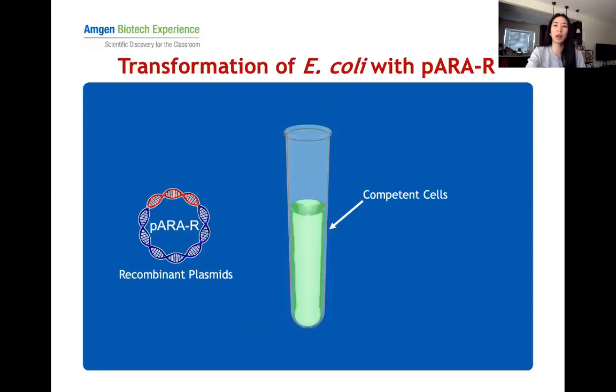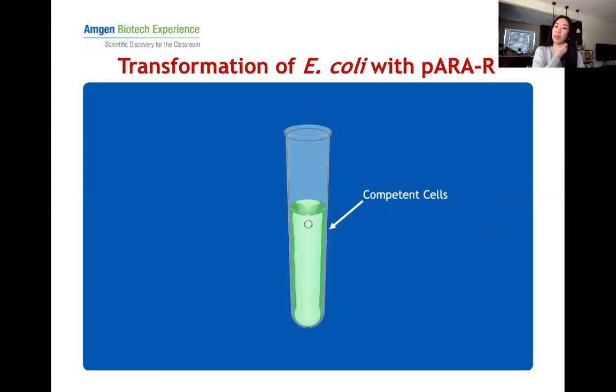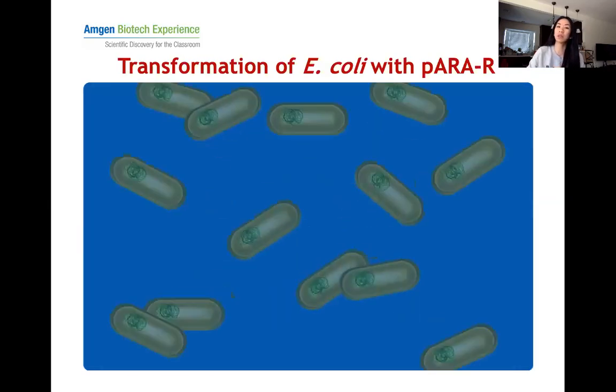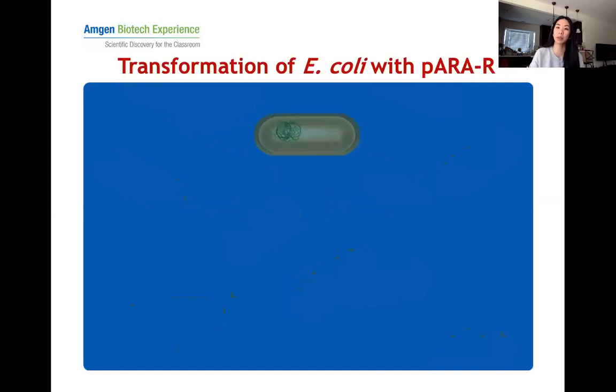Okay, so we have this recombinant plasmid, and then we have a culture of competent cells. Remember, I mentioned earlier, competent means these cells have been treated so that it's more likely that they'll take in plasmids. So what would happen is you add the plasmid to these cells, and we zoom in, some of the cells will take in the plasmid.